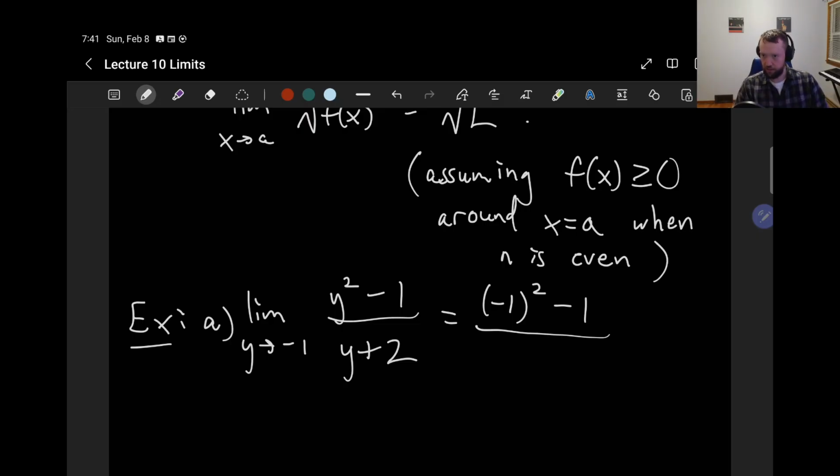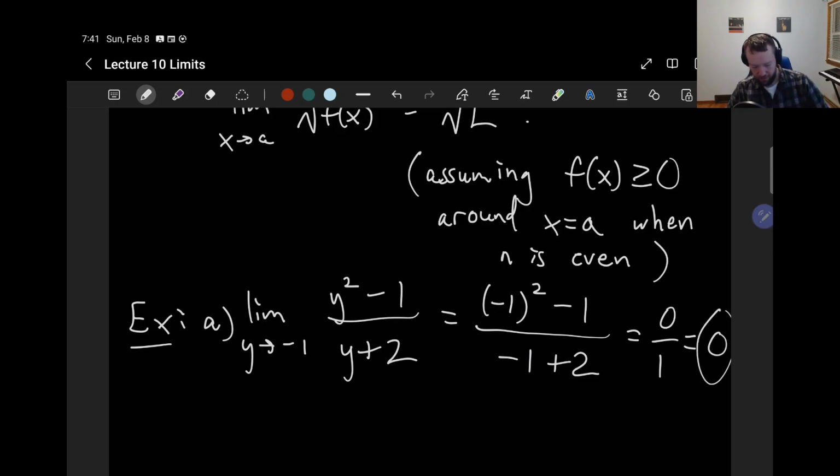Well, notice that we'll get 0 on the top, but the denominator is actually totally fine. 0 over 1, this is okay. The result is just 0. It's when you get 0 over 0 that you run into problems.